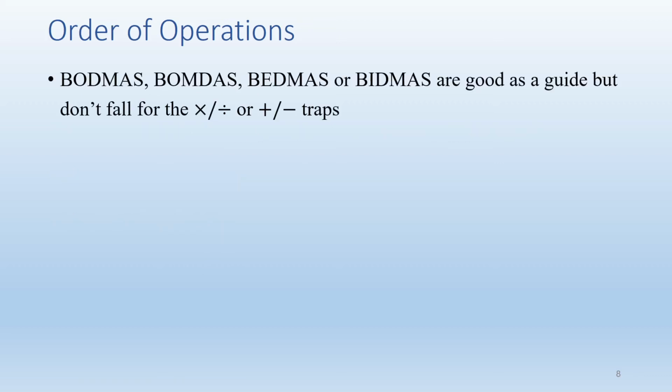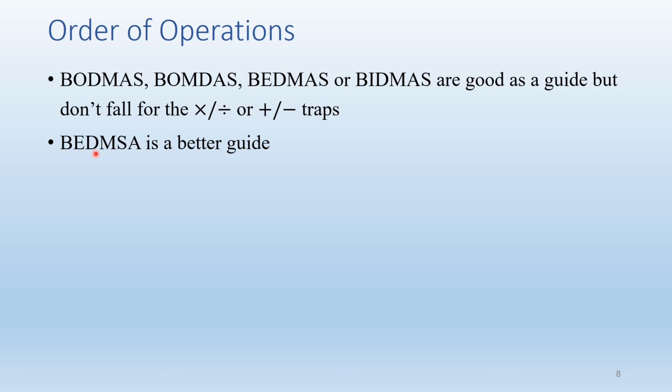So we can use our acronyms as a guide, but be aware, of course, that multiplication and division are done from left to right, and addition and subtraction again at the same time from left to right. Bedmesser is probably a better guide, where the B is brackets. We always do brackets first, of course. The E is exponential, D is division and multiplication.